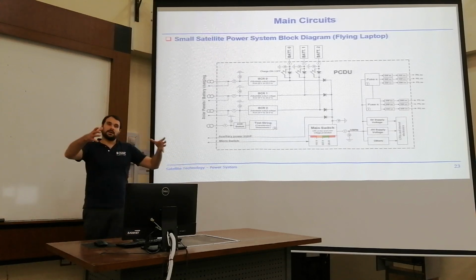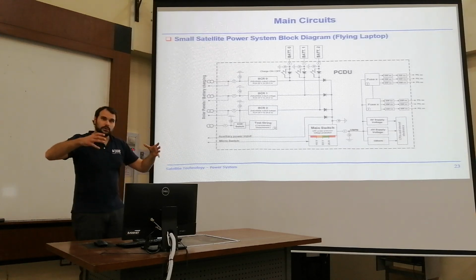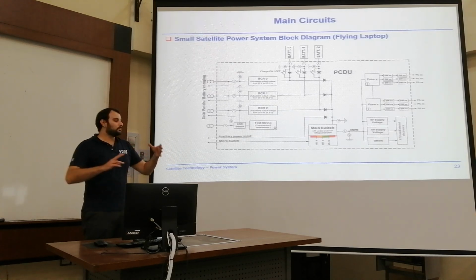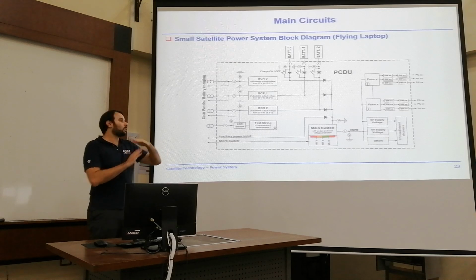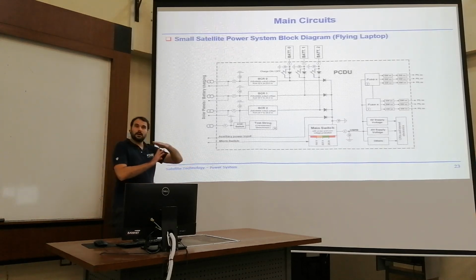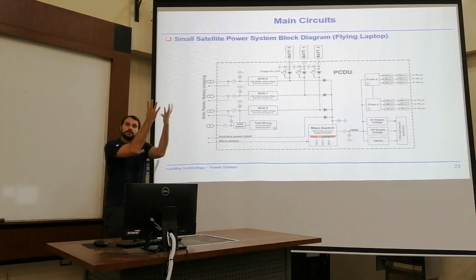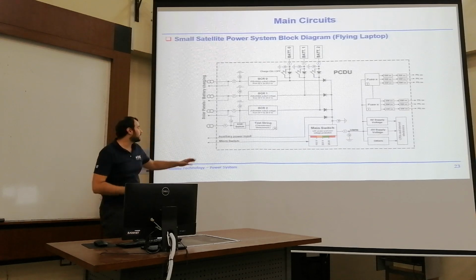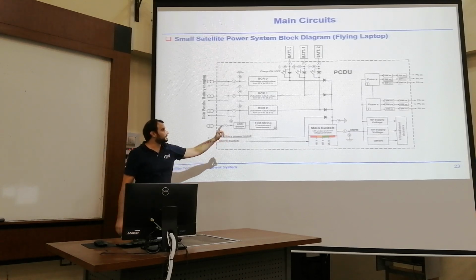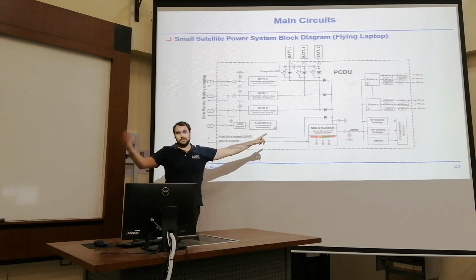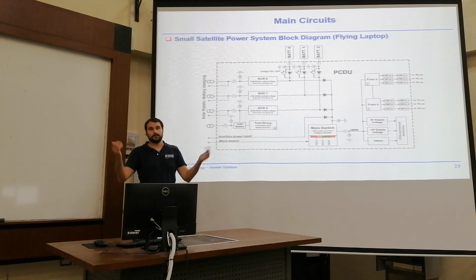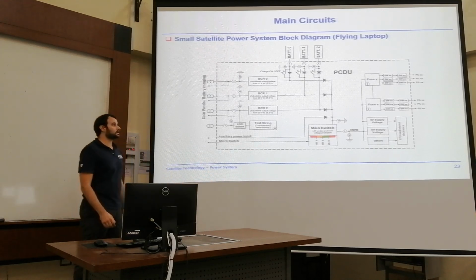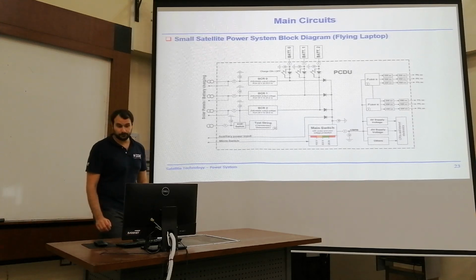Usually, when the satellite is placed on top of the rocket, you might have a connector that shorts the switch, and the moment the satellite is being deployed in space, it opens this micro switch, the PCU starts providing power, and the satellite boots up. This is what you use this umbilical connector usually for.